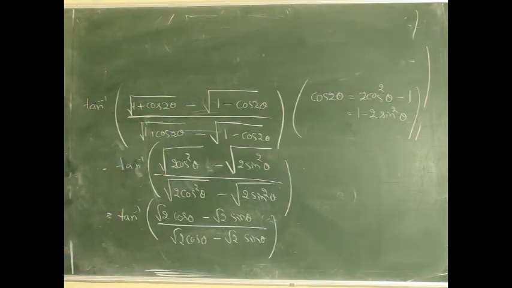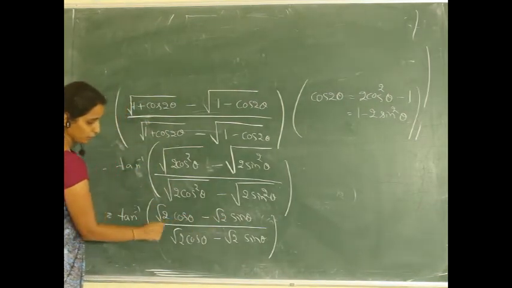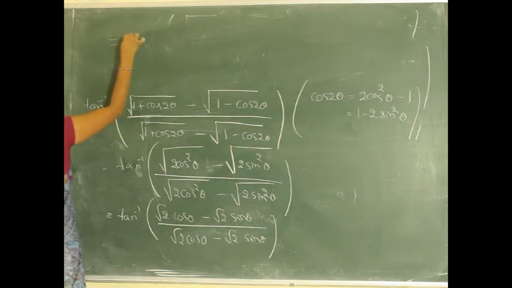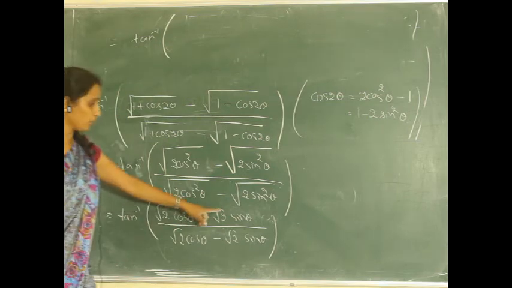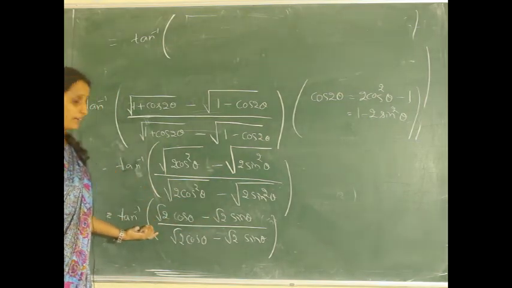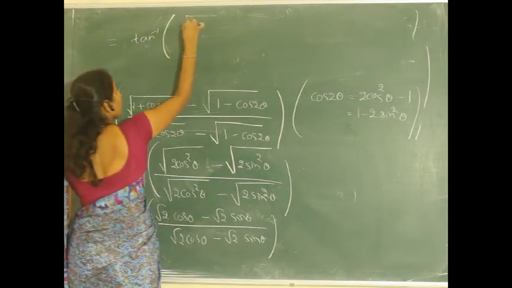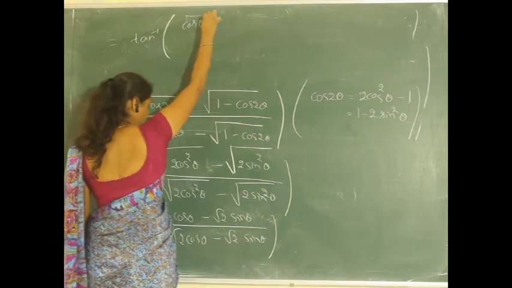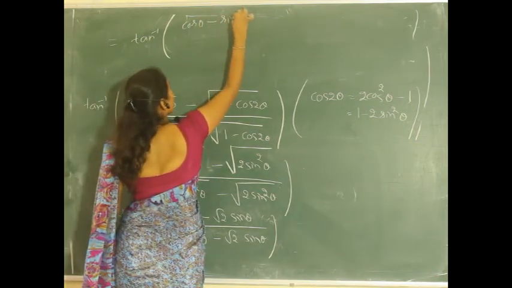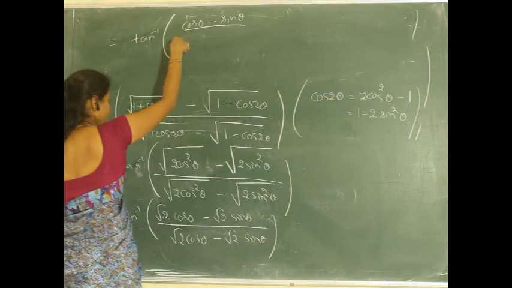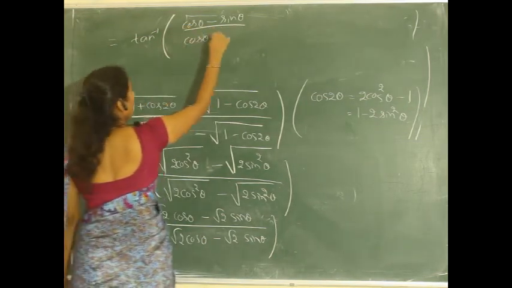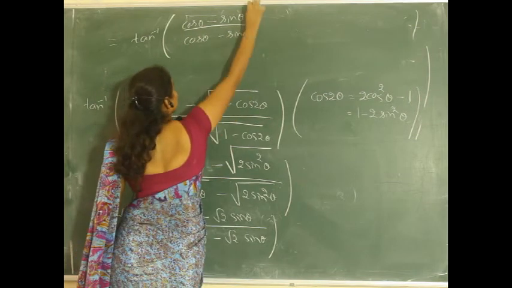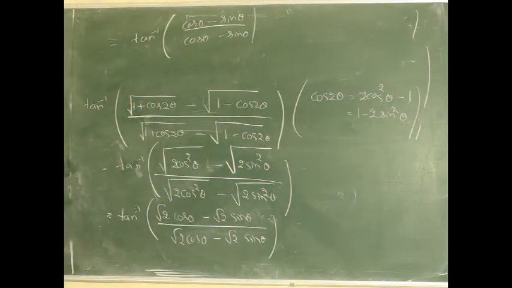So what can we do next? Root 2 is common in the numerator and denominator, so take that outside and cancel it. We are getting only cos theta minus sin theta divided by cos theta plus sin theta.